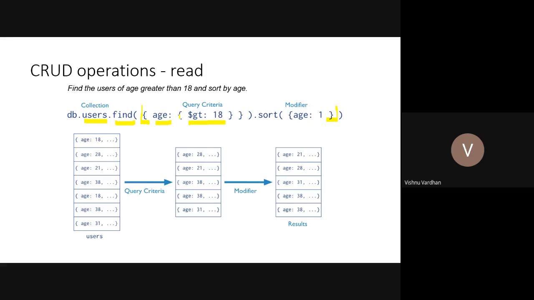The value of the criteria for age opens with curly braces, and $gt is the symbol for greater than, and $lt is for less than. So 18 is going to be taken as age greater than 18. This is the query that we can parallelly have in an SQL command.